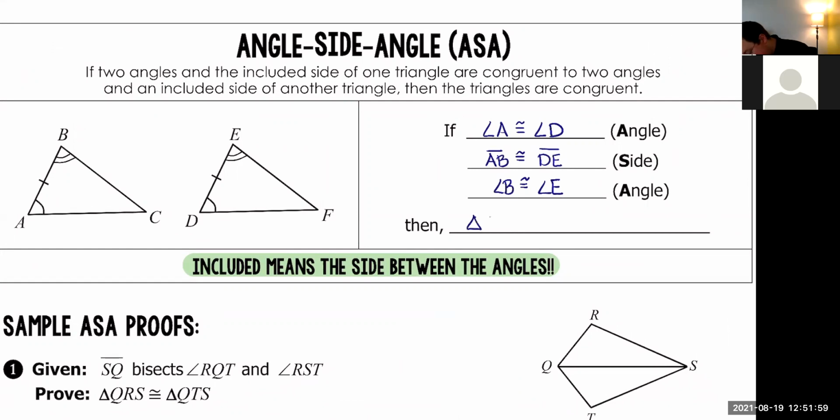So triangle ABC is congruent to triangle DEF.